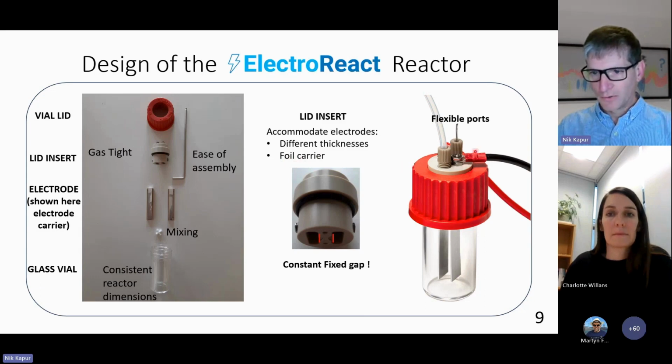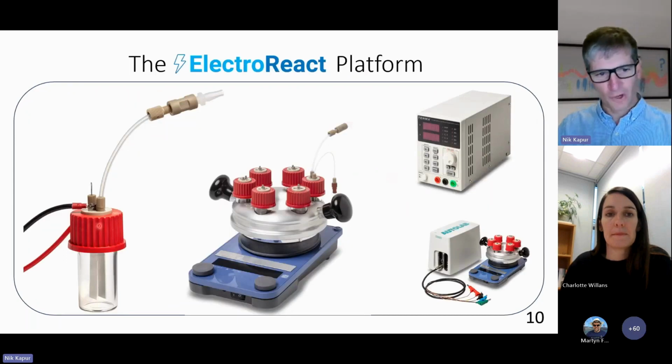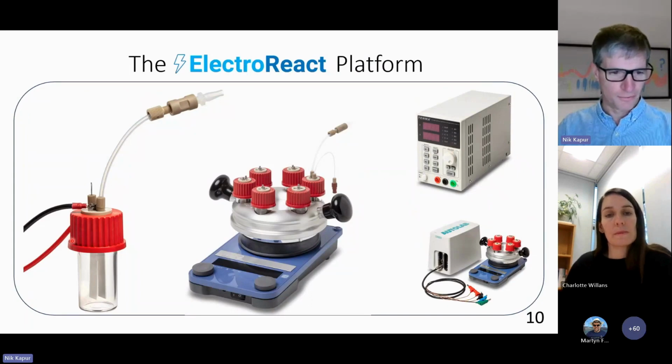Charlotte's already talked about this briefly, but on top of the vial lid are the 2 ports that we can use. You can see 2 electrical connections and 2 ports, and we can configure those in a variety of different ways. This shows almost a full schematic of what you would need to do an electrosynthesis.